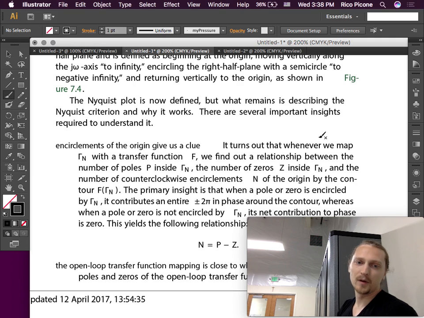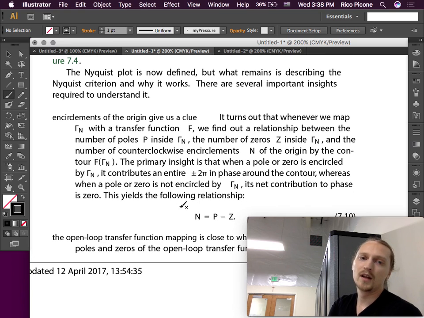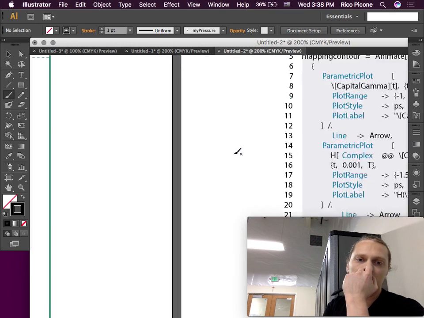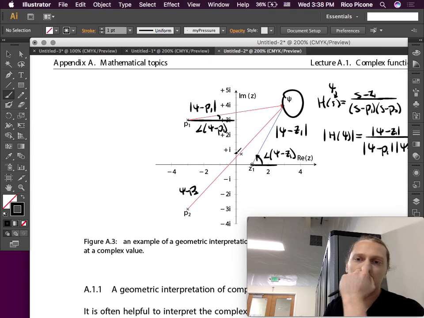Whereas when a pole or zero is not encircled by gamma n, its net contribution to the phase is 0, right? Because if you're outside the contour, let's go back to our little example here, this red line, say, it'll go up a little bit, and then it'll go down a little bit, and it'll come back up.